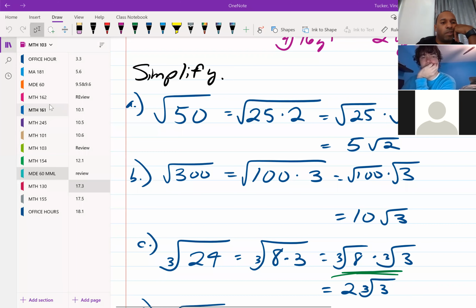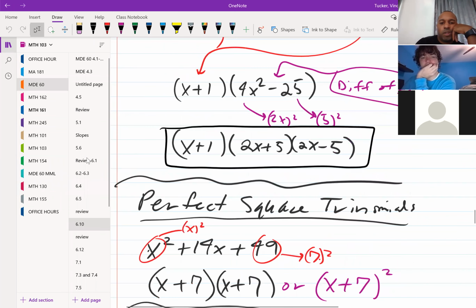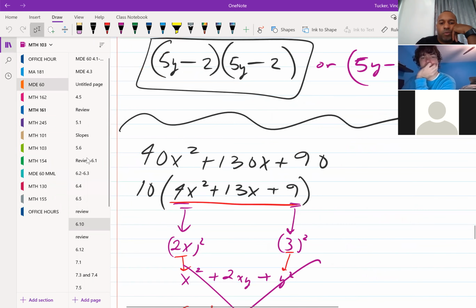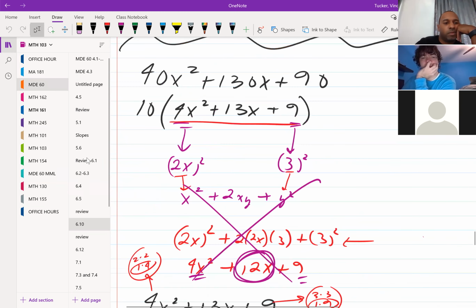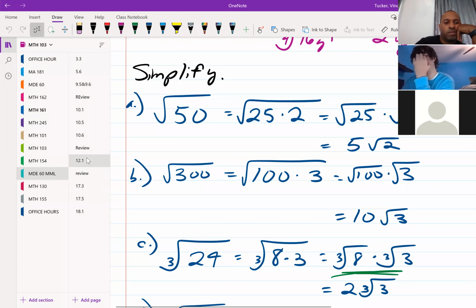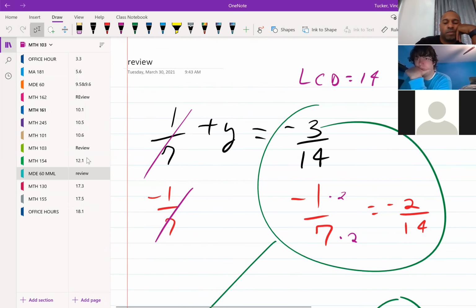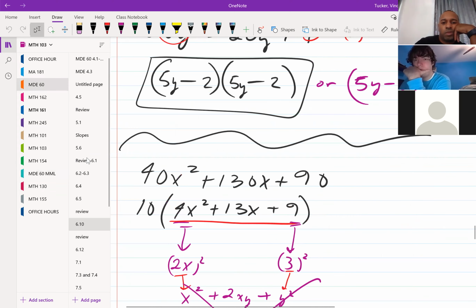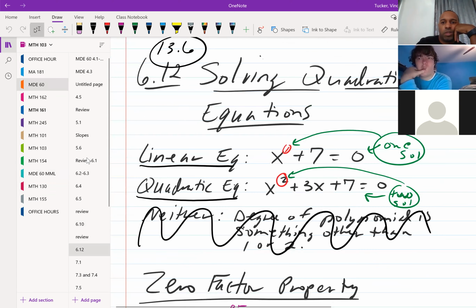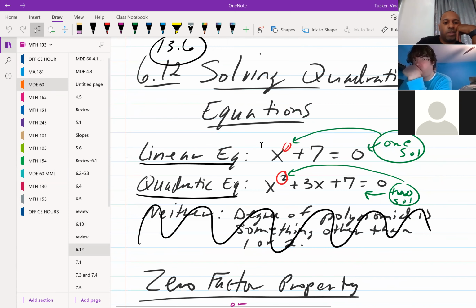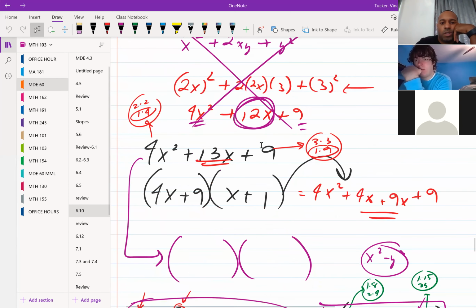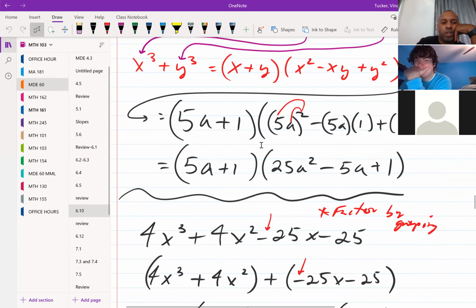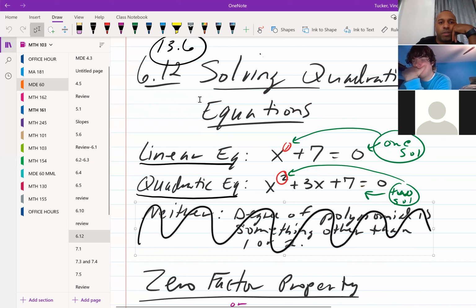All right, let's see, where did we leave off last class? We factored, solving quadratic equations. Yep, we did this, and we did perfect square trinomials. So we're looking at 6.12 today. I mean, not 6.12, I think it's 13.6 for you guys. Let me make sure. But we're solving quadratic equations today.